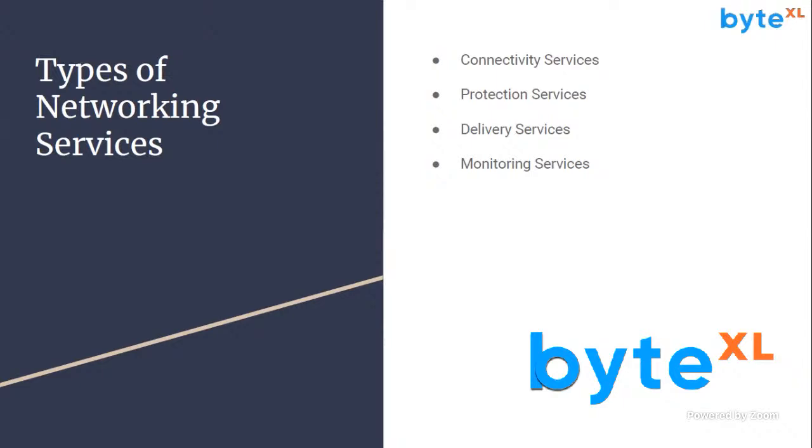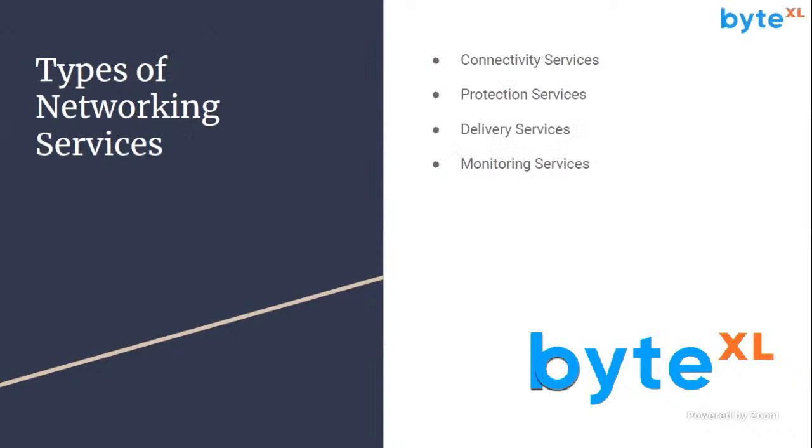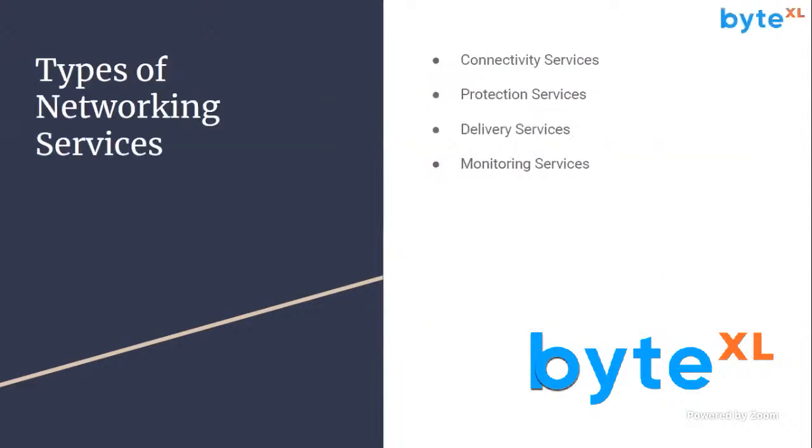Looking at the capabilities, the first one is the connectivity service, the second is the protection service, the third is the delivery service, and then the monitoring service. So let's discuss each of them.